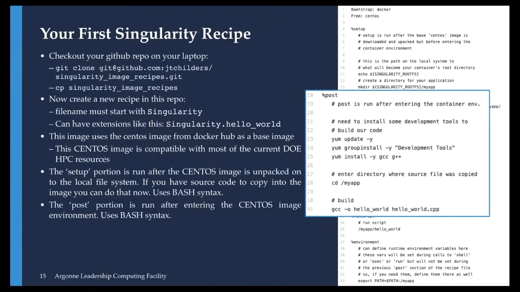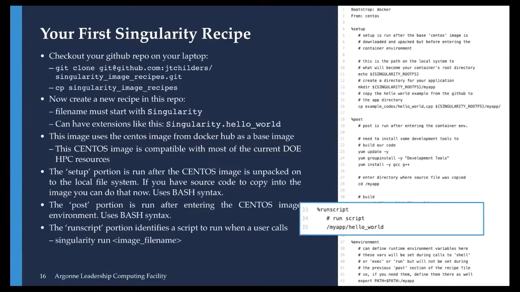And then I enter the directory where I copied my application, which I just created as an area /my_app. And then I'm going to run GCC to build my application. In this case, it's a simple C++ hello world, which you would find in the GitHub if you go have a look.